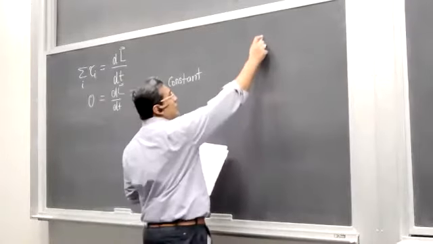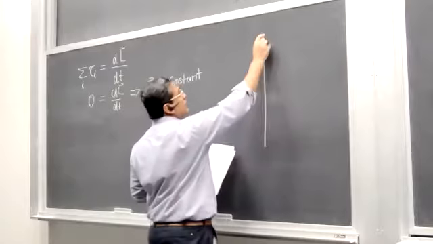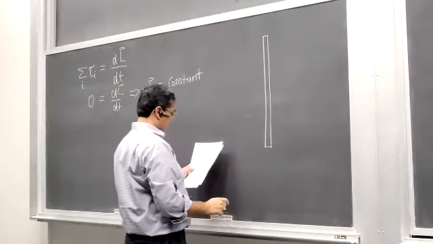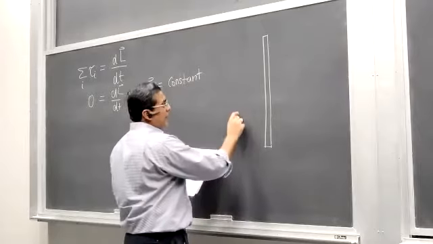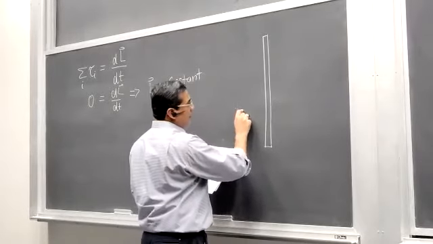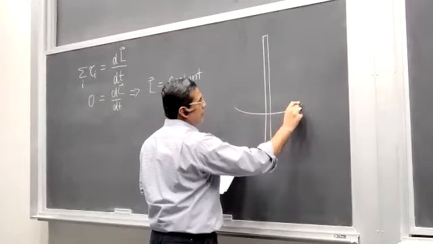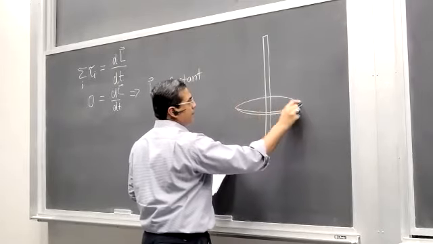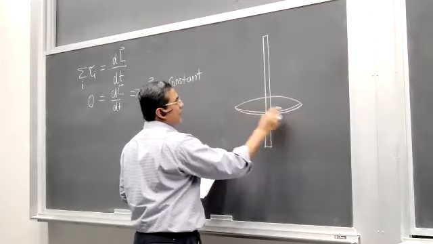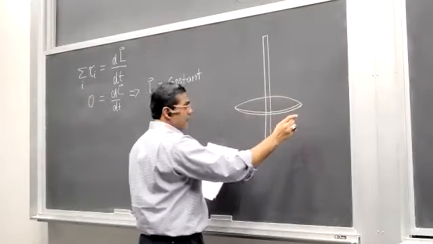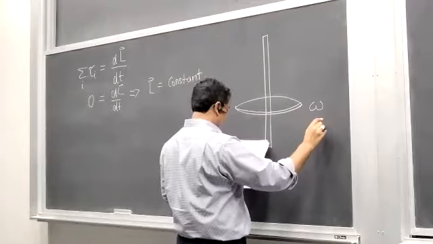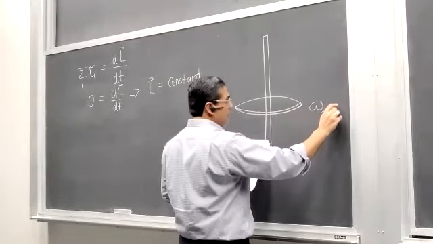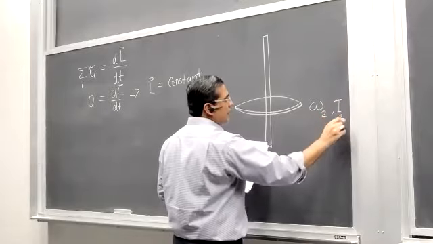So let's say that you have a vertical spindle, and you have a disc around this spindle that is rotating, let's say, with omega 2, and its moment of inertia is I2.